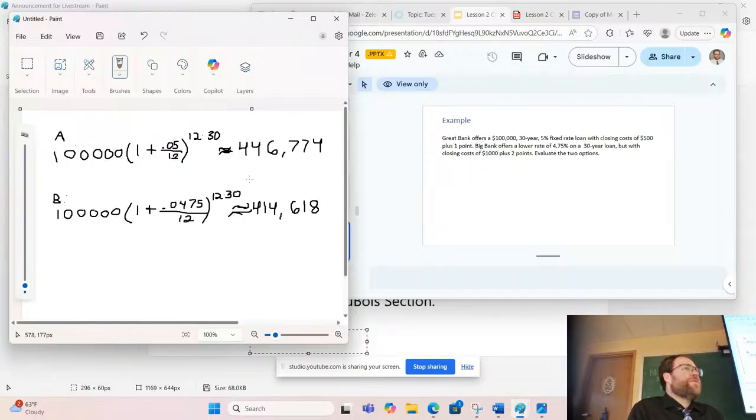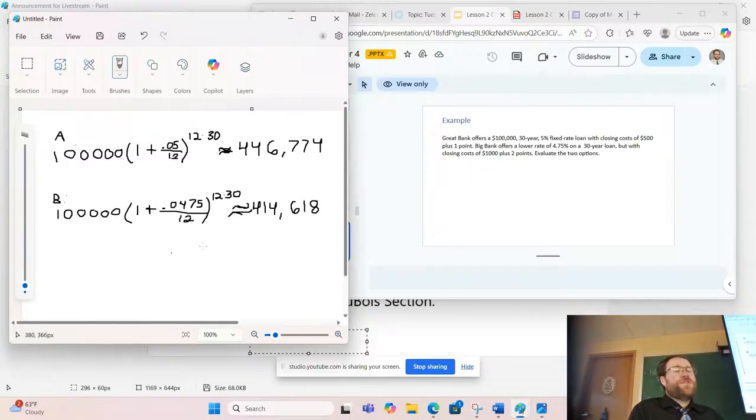But before we even get into the lower interest rates here, which one is already the better deal? B. And in the example, they allow you to even take 2% more off of the interest rate with the plus 2 points. The first bank is only letting you do that with 1.